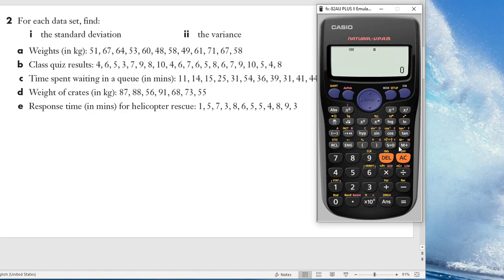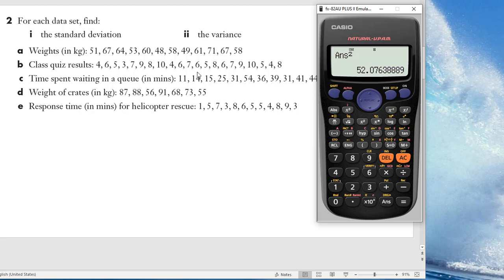Hit my AC button. Okay, the standard deviation, that's going to be Shift 1, 4, and option 3. And we get 7.2 as our standard deviation. The variance, we're just going to square that number, and 52.1 would be the variance.